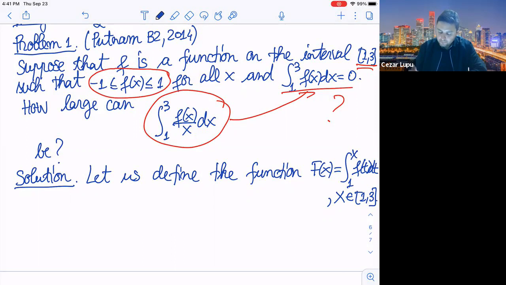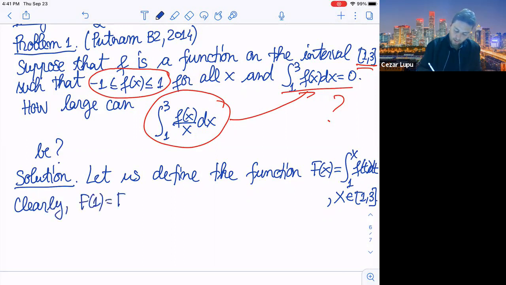All right, so what do we know about this function? Well, if you look at it, F(1) is 0 and F(3) is 0.